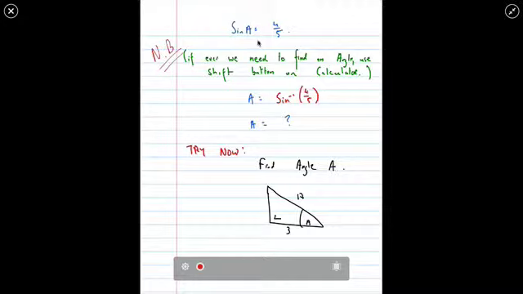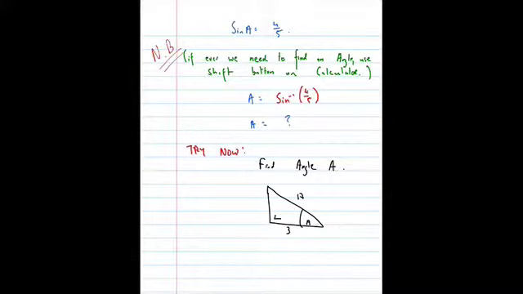Am I looking for a side or an angle? Angle. So if I'm looking for an angle, I always use the shift button to find it. We're dealing with sines, so I press shift, sine, and then I type in 4 over 5.